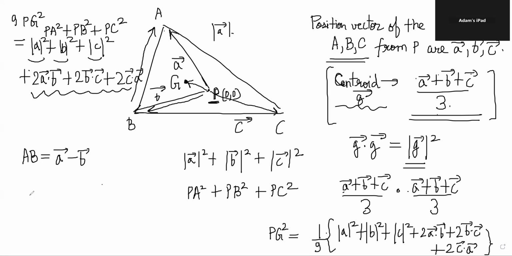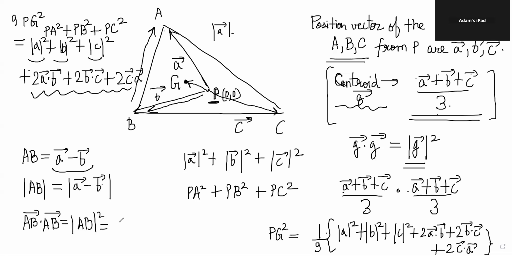So if I want the mod of AB, I need the mod of A minus B. One way to do it is to take the dot product of this vector with itself. So you'll get mod of AB vector dot AB vector, which is mod of AB square, equal to A minus B dot A minus B, right?